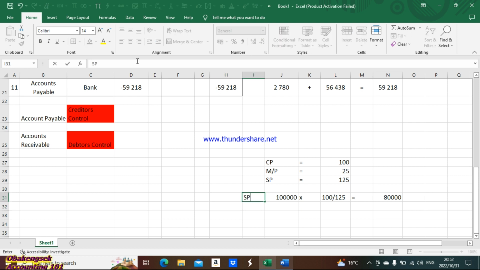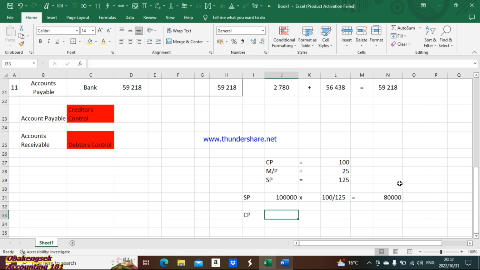This is if we have the selling price. So now if we have the cost price, here's our cost price, 80,000. So, okay, I'll say this is our CP. This is how we got our cost price.